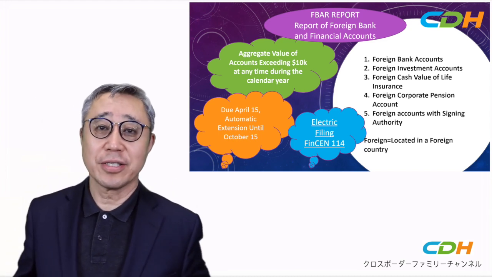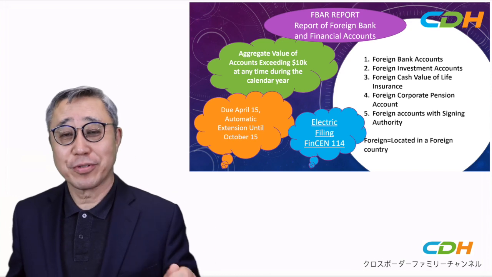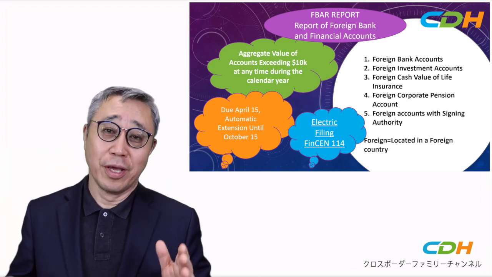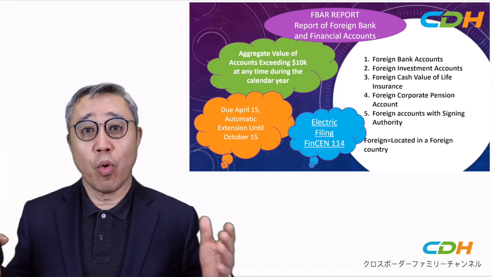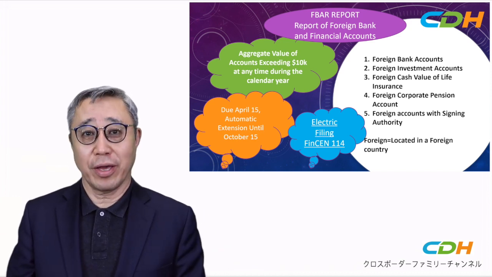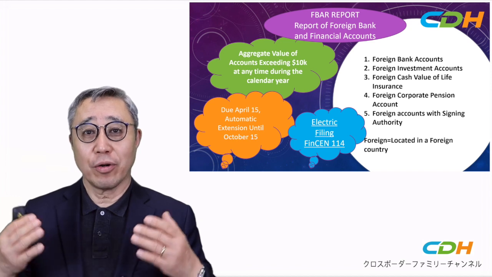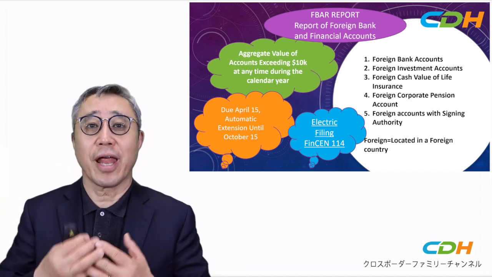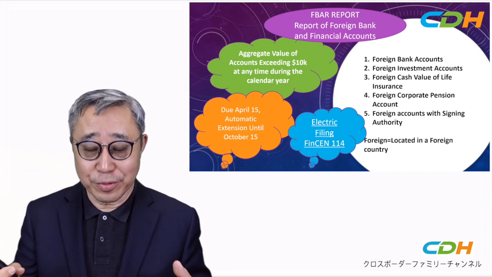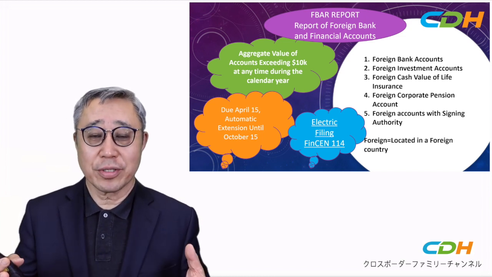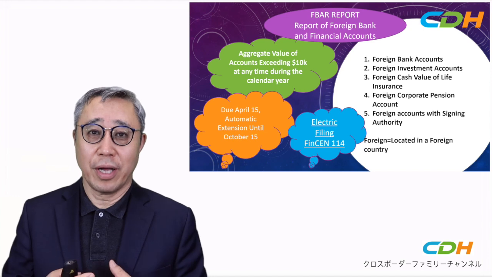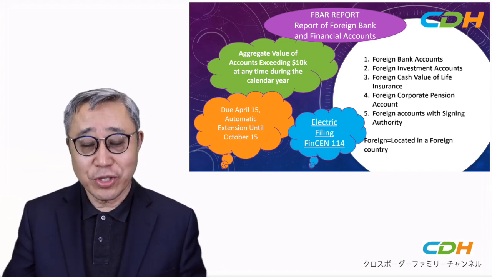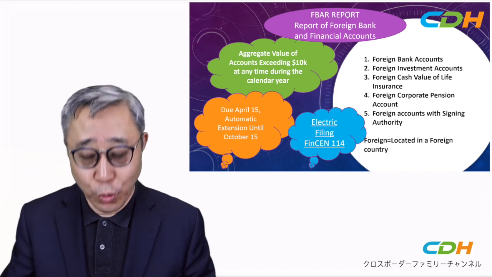Okay, here I listed five, but obviously these five are not the complete listing. I'm sure there are many more. So the accounts are located in foreign countries, and it should be an account associated with an account number, and it has a financial element to it.